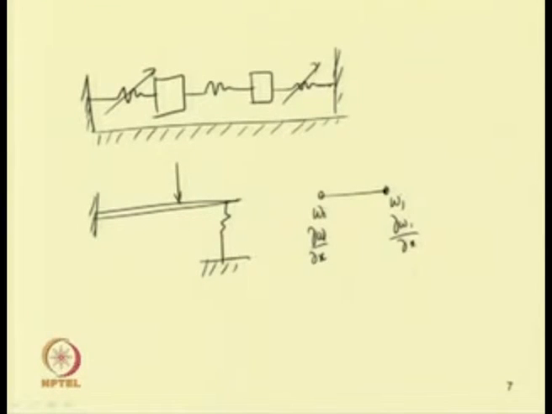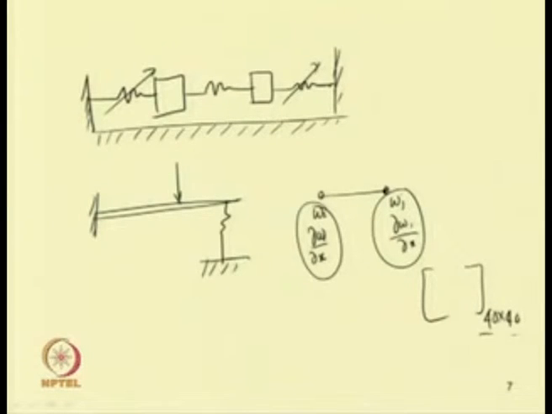So displacement and slope are taken as the degrees of freedom at each node, and each element will have 4 degrees of freedom. Taking several elements, if one takes 10 elements, then the assembled mass matrix and stiffness matrix will be of size 40 by 40.